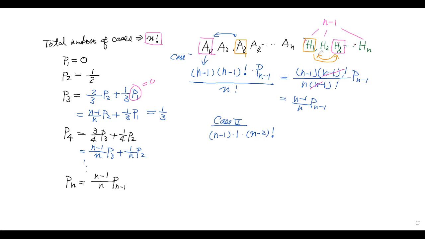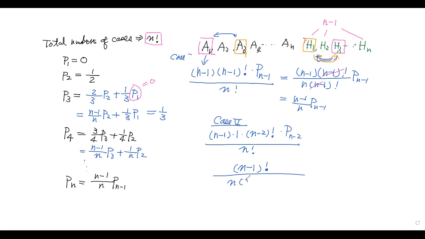So I have n minus 2 different situations here. If these two switch, what is the probability for the remaining? It's probability P of n minus 2. And then the whole thing here is divided by n factorial. All right, so now let's take a look. N minus 1 times n minus 2 factorial will give you what? It's n minus 1 factorial.